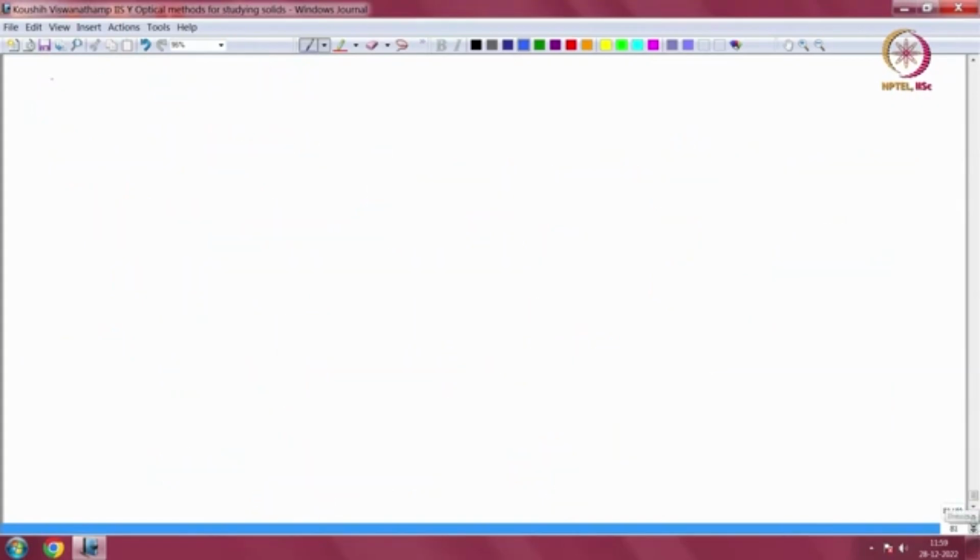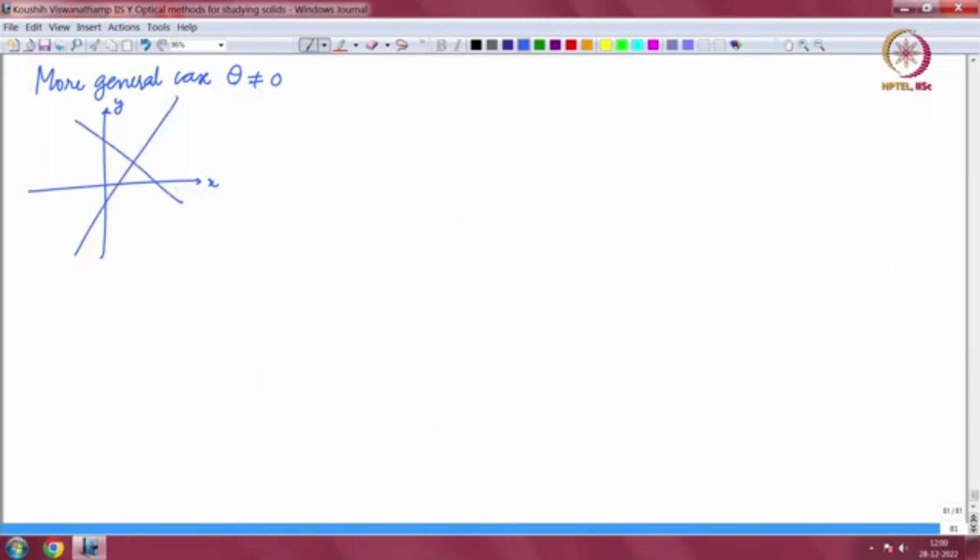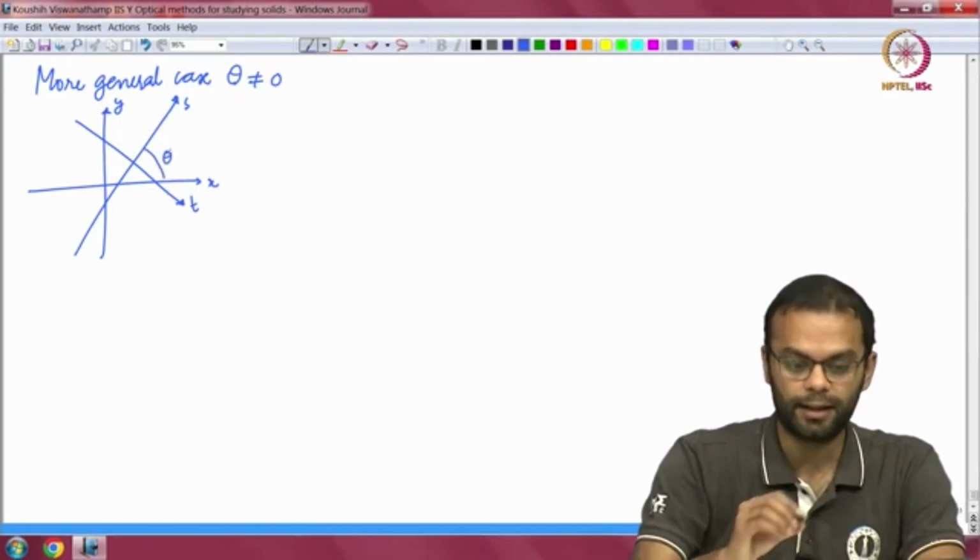Okay. Now, we will look at the more general case for theta not equal to 0. Okay. So, in general you have this pair of coordinates x and y, and you have this pair of coordinates, this is your s direction, this is your t direction, and you have some theta between s and t.